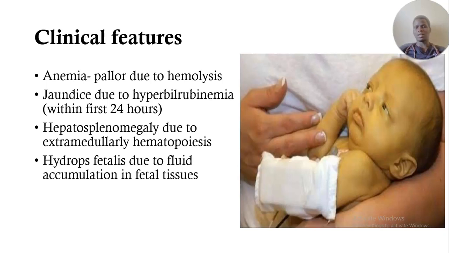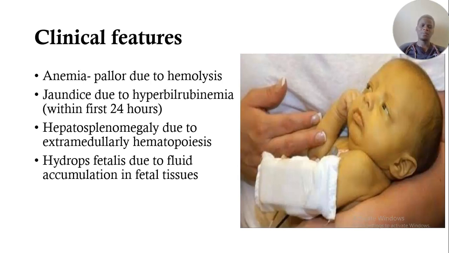That is, you can see yellowing of the skin and the sclera, as you can see in the illustration on this side. Hepatosplenomegaly also comes into play, due to extramedullary hematopoiesis, which comes in to compensate for the damage taking place.